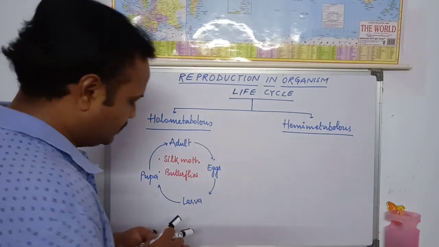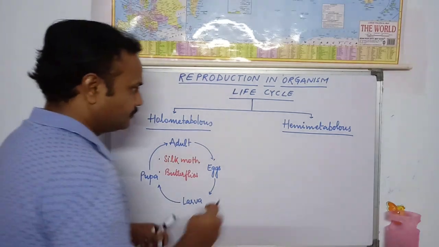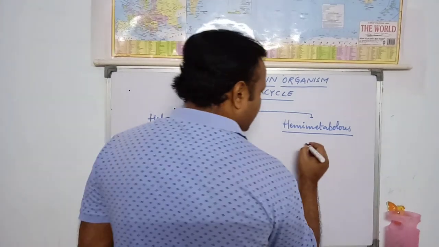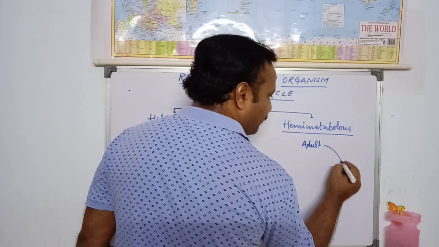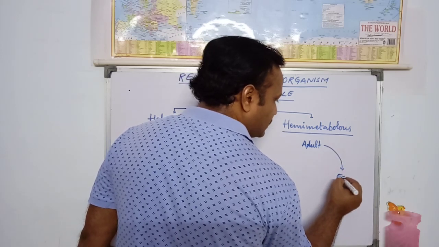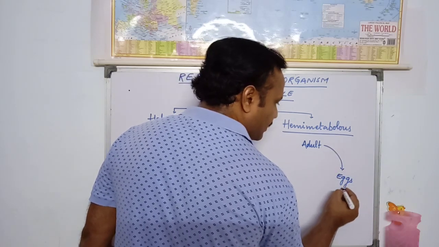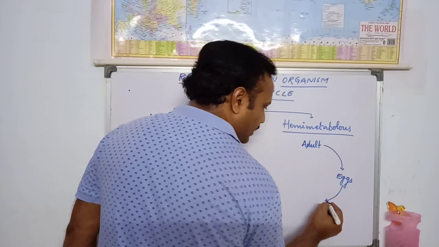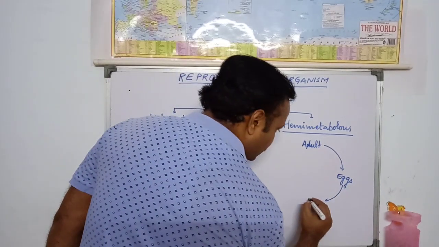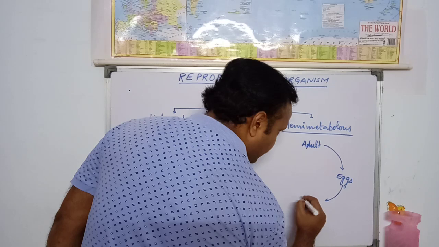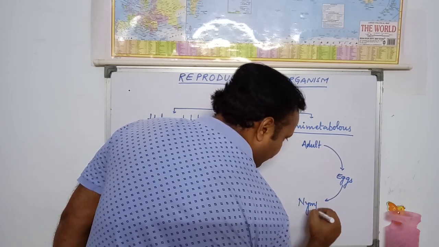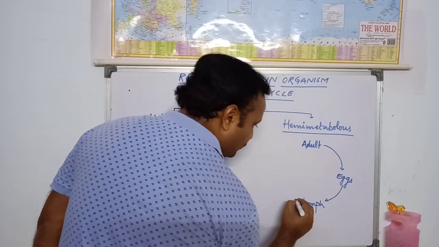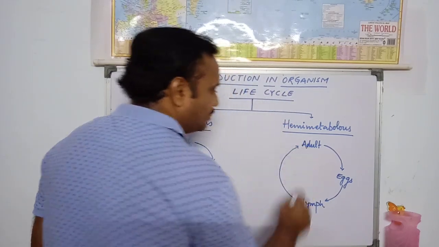While in the second one, the adult provides the eggs, then the eggs hatch out, give the nymph, and then the adult.